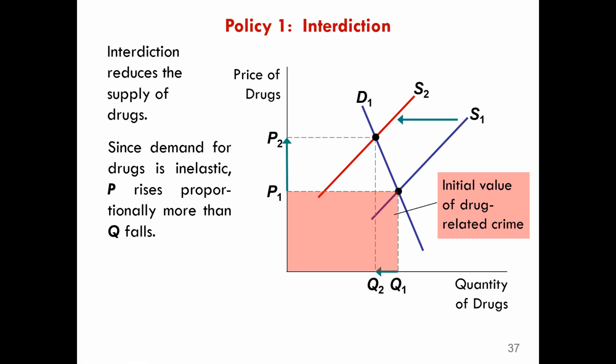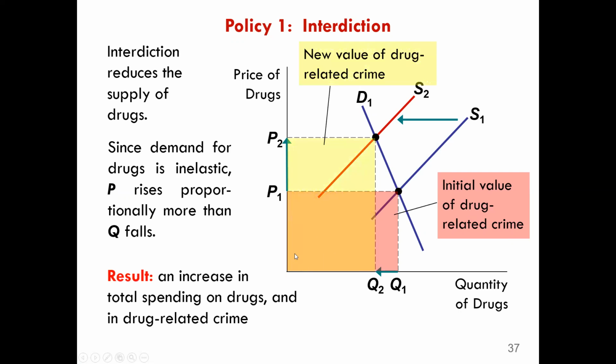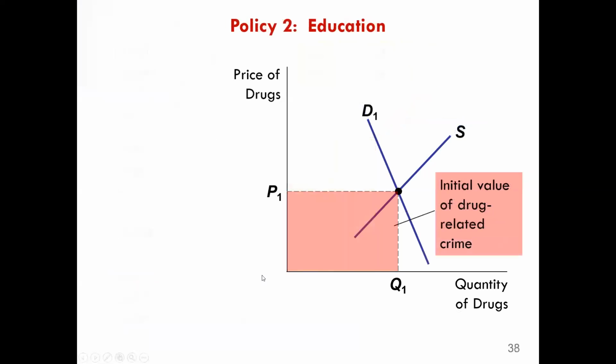As you can see here, price increases from P1 to P2, and quantity demanded decreases from Q1 to Q2. So the result is that there will be an increase in total spending on drugs and in drug-related crimes.